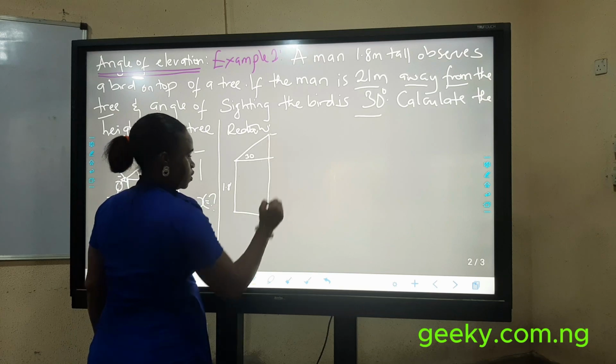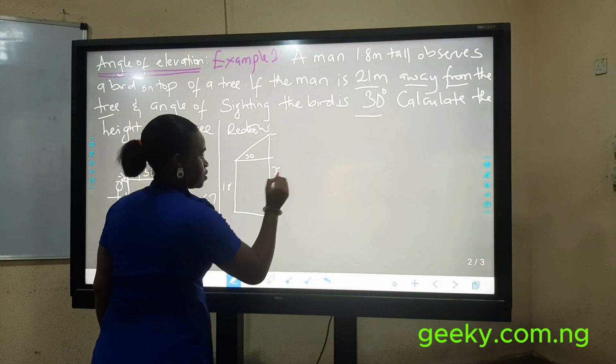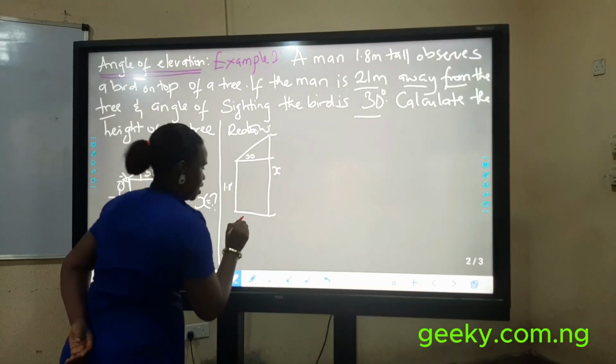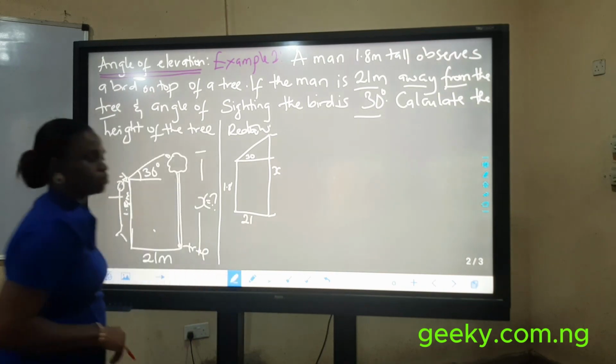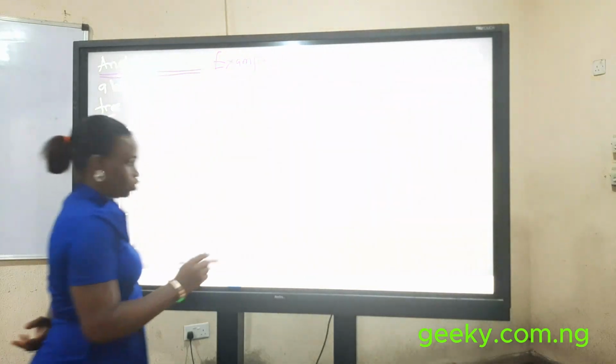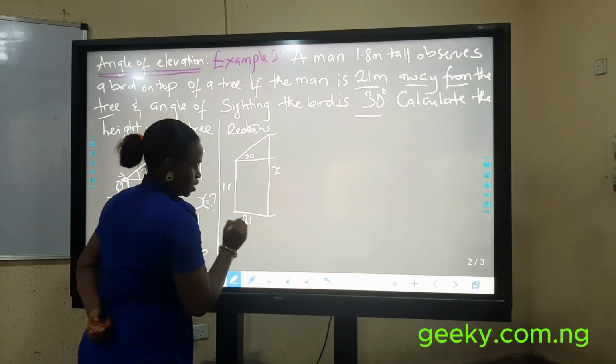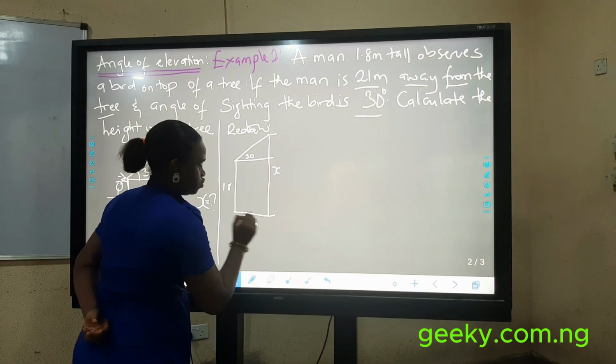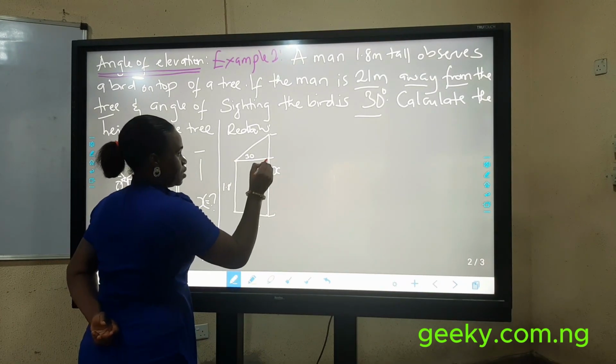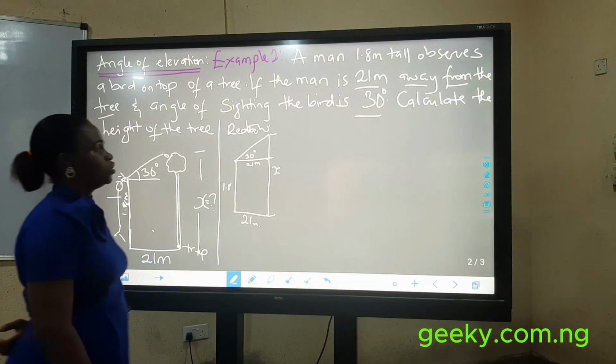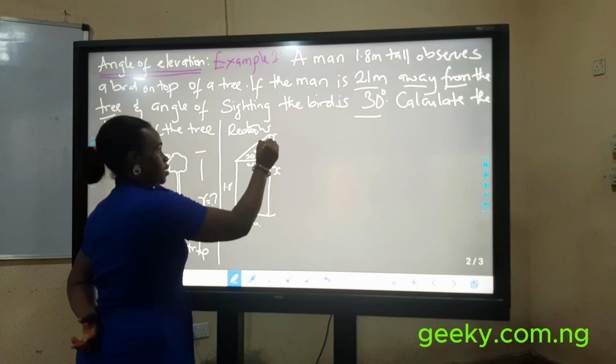We're looking for all of this, x. And we have here as 21. So it automatically means that here too is 21 meters. This is a straight line, the same point. It's also 21 meters. It's 30 degrees. So we're asked to find all of here.